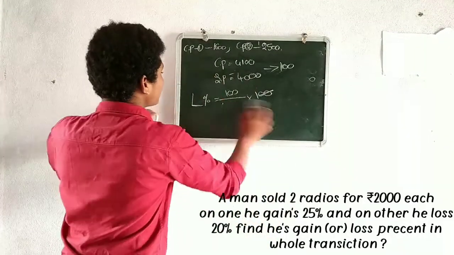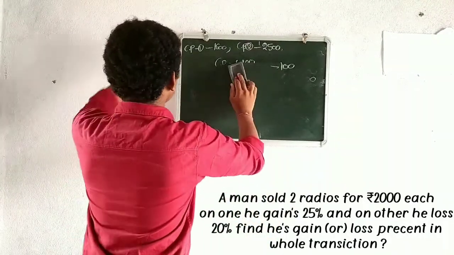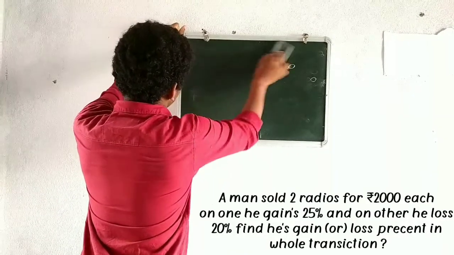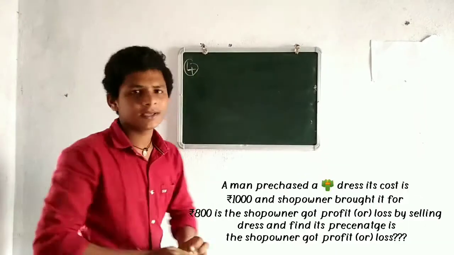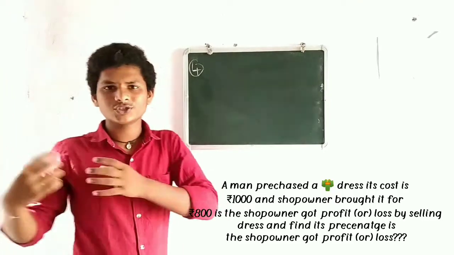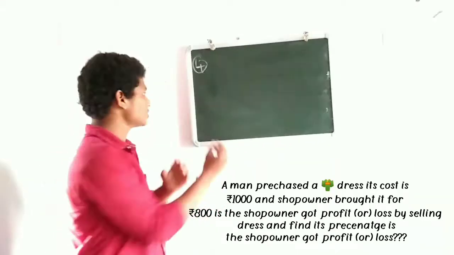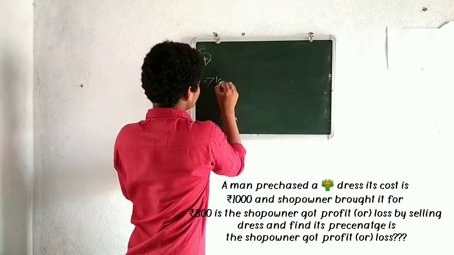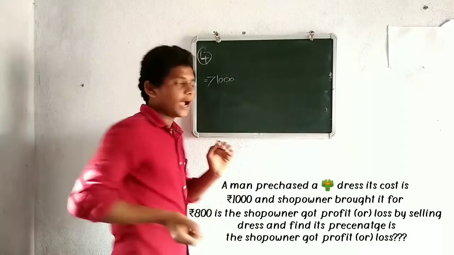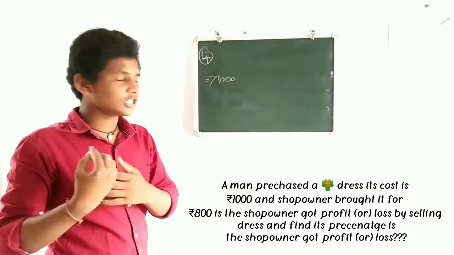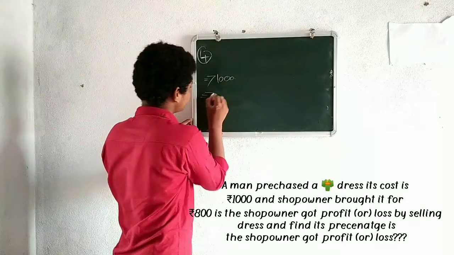We are moving to our fourth problem. Our fourth question is: a buyer came to a dress shop, a showroom, and bought a dress. The dress cost is 1000, and the shopkeeper purchased it for 800.